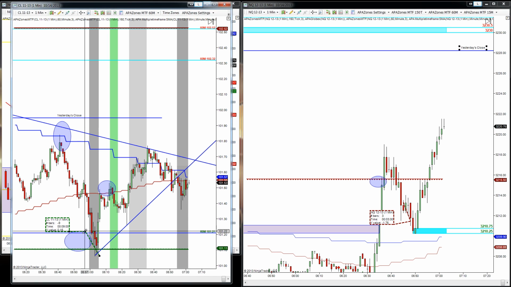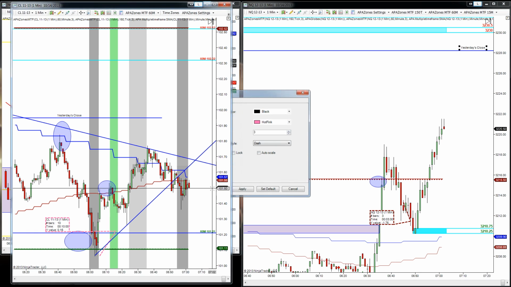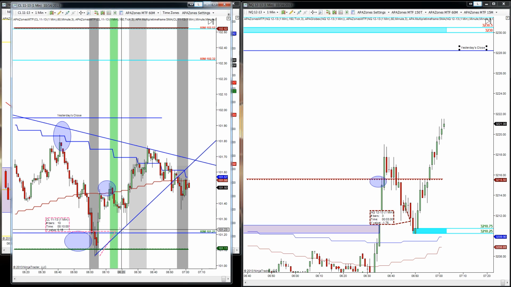Stop was a little bit bigger on this trade here. It was at 22, so I had about 16 ticks of risk on it. But right now I'm locked in at 30.